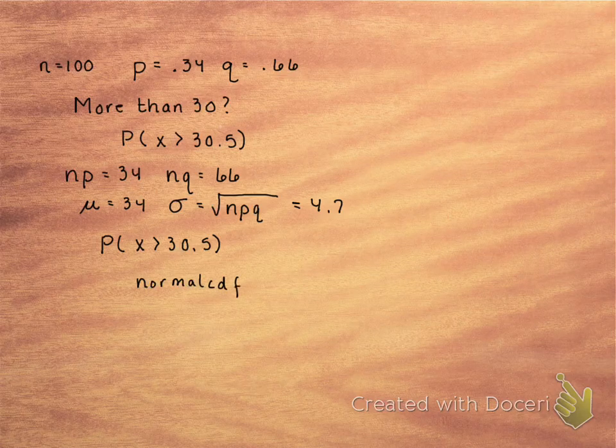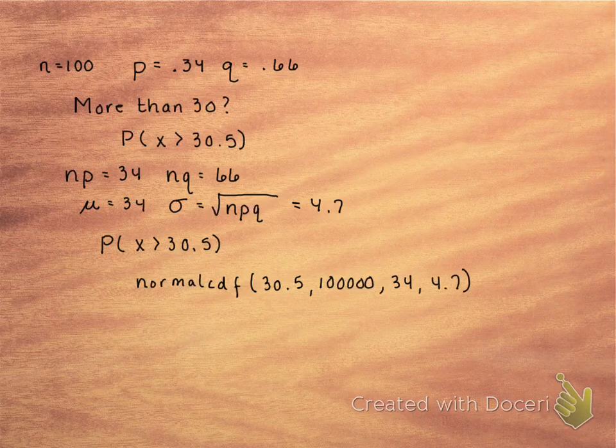Okay, so if we're looking for values greater than, or the area that is greater than 30.5, that is our lower bound, 30.5. Our upper bound is some 10,000, 100,000, whatever. Then our mean comes next, and then our standard deviation comes after that.